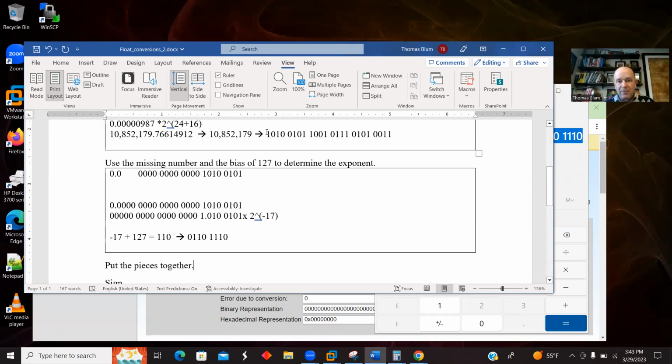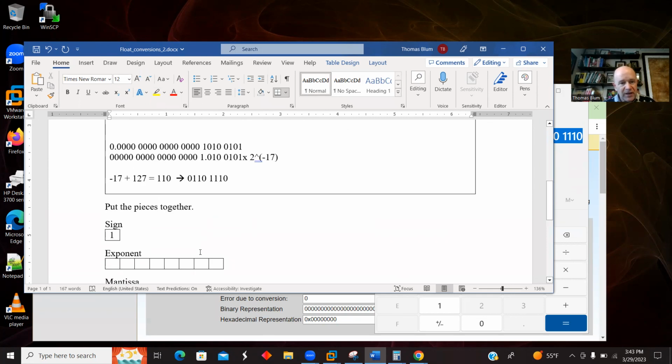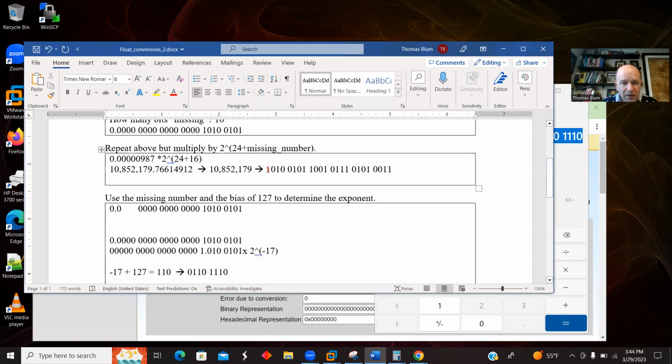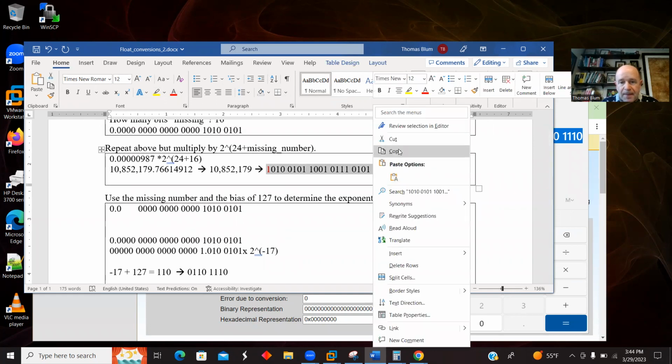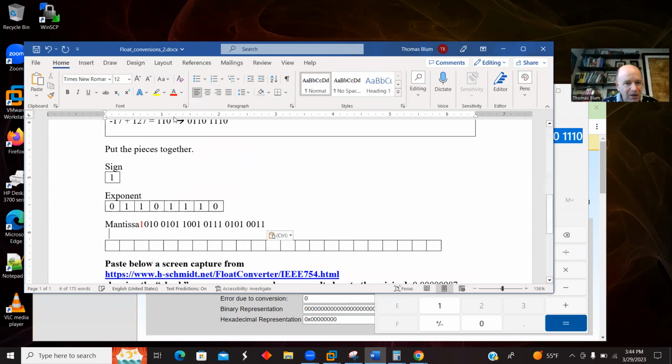So I have the mantissa, and I'm not going to store that 1. I'll make it red. I don't store the leading 1. And here's my exponent. So let's put the pieces together. My exponent is 0, 1, 1, 0, 1, 1, 1, 0. And my mantissa, I'm going to copy this, put it down a little farther on the page, and then fill it in my box.